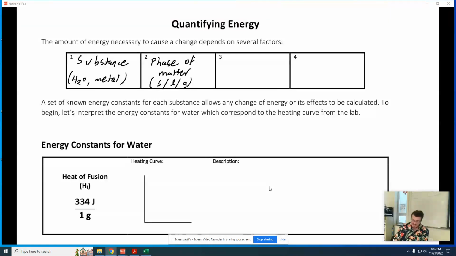The next thing goes back to the Eureka video, and that is the mass of our substance or the amount of matter. The example they gave us in the Eureka video was that bucket with 50-degree water versus a small teacup of 100-degree water.